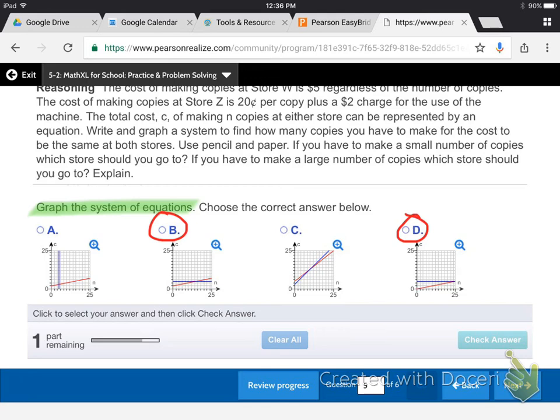But which red line shows the cost of 20 cents per copy plus 2? Well, it can't be D. Can you see why? Because this red line starts at the origin, but we need to start at positive 2. So that's why right here B shows the correct start of the red line, and so it would be choice B.